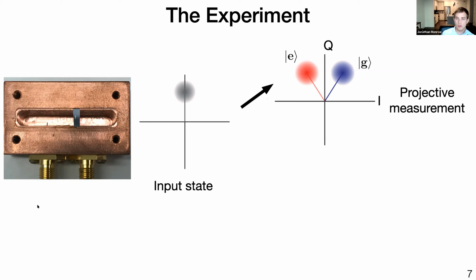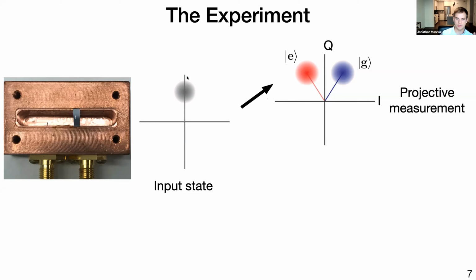And so the way that we perform this measurement to figure out what the state of the qubit is, is by sending in a coherent state of light into the cavity, allowing that state to interact with the qubit for some amount of time, and then bring it out the other end. When it comes out, the interaction between the qubit and the cavity photons causes a qubit-dependent phase shift on the state of the cavity.